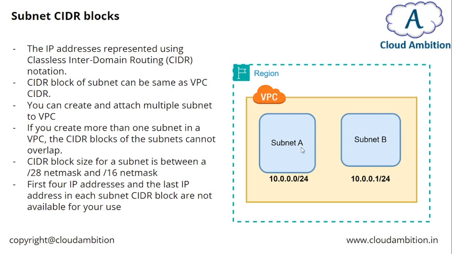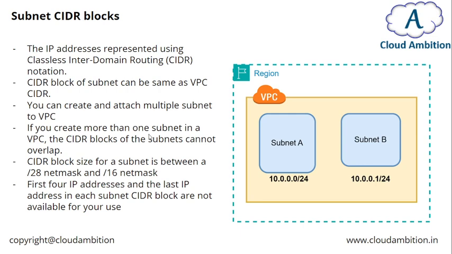You can create subnet A, B, C, whichever you would like, and under that subnet you can create your resources like EC2 or RDS, anything. So subnet is an IP address range. CIDR full form is classless inter-domain routing. It's a notation, and you can create and attach multiple subnets inside a VPC.